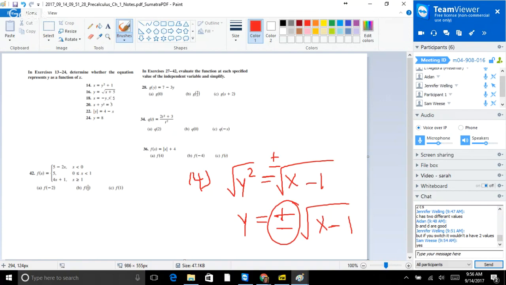What do you think about 18? Just move some things around, and we're going to end up with y equals 5 minus x, right? So I think 18 will be a function as well.